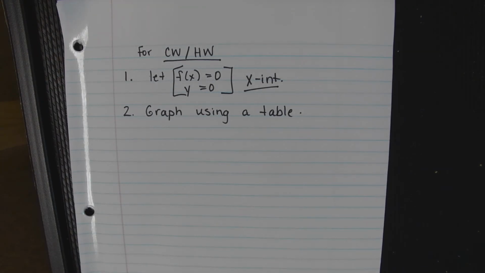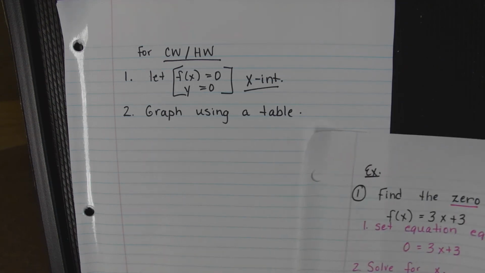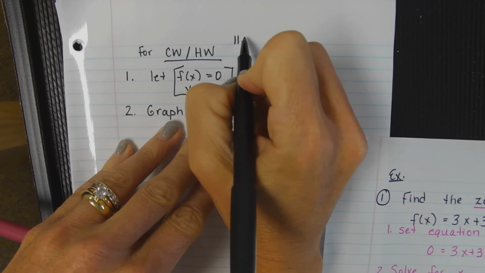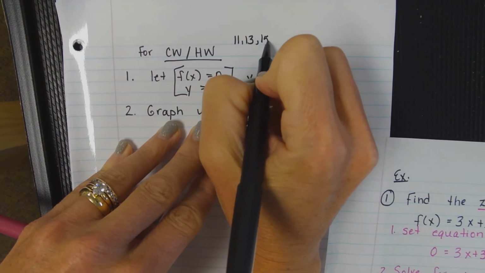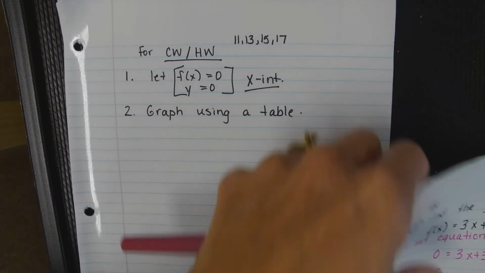The first thing I want you to do is let y equal 0, find the x-intercept. Then I want you to graph using a table. That x-intercept should fall on that line when you graph. Okay, go ahead and do that now. You have 11, 13, 15, and 17.